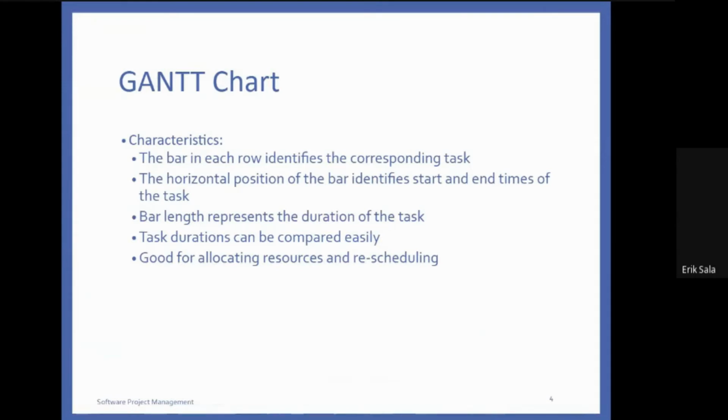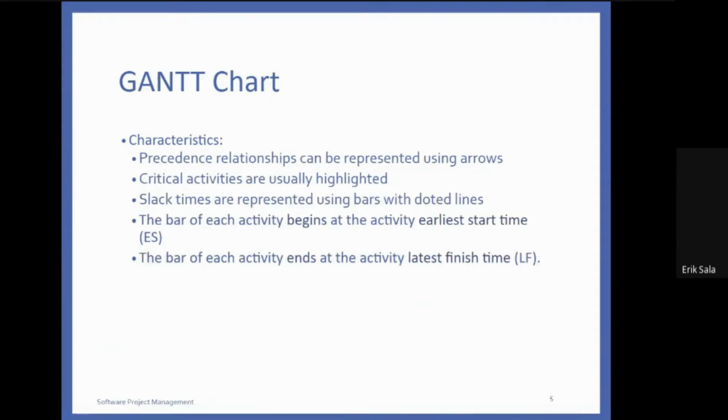A bar in each row identifies the corresponding task. The horizontal position identifies the start and the end times of the task. The bar length represents the duration of the task, and task durations can be compared easily, and it's good for allocating resources and rescheduling.